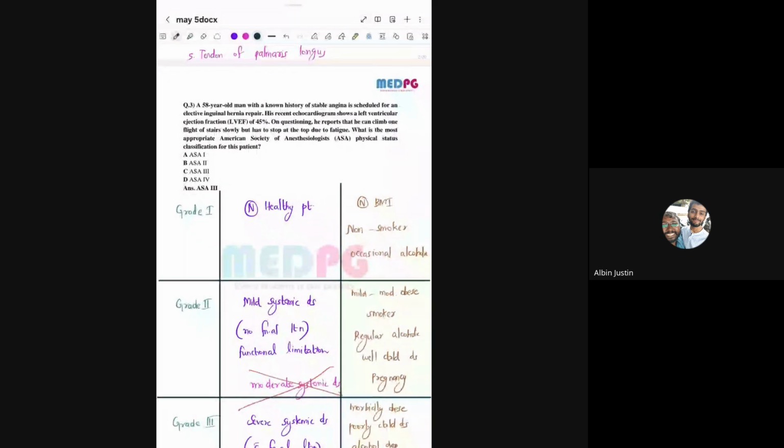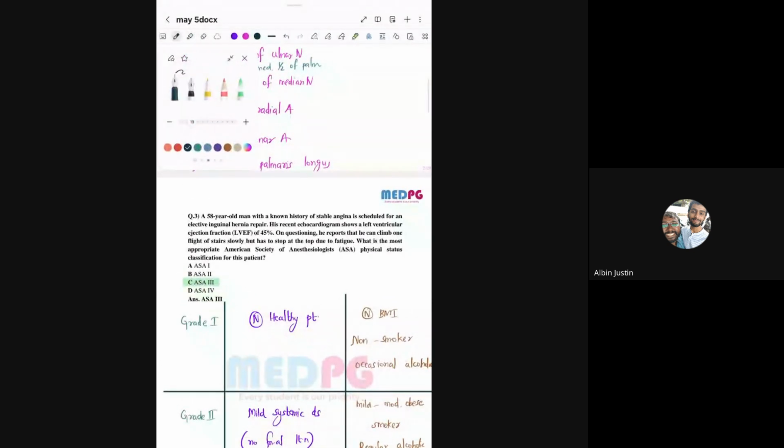So here you have an LV ejection fraction of 45%. So it becomes grade 3. Now, grade 4 and 5, you know, na? Grade 4 is severe systemic disease which is life threatening.